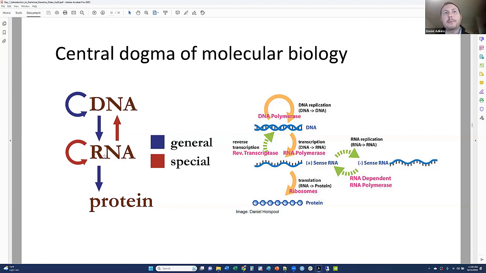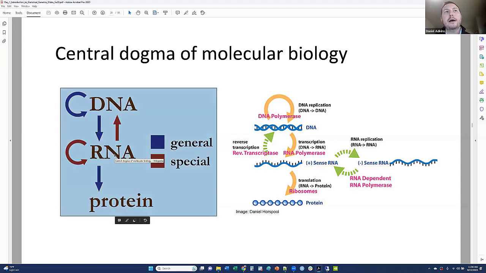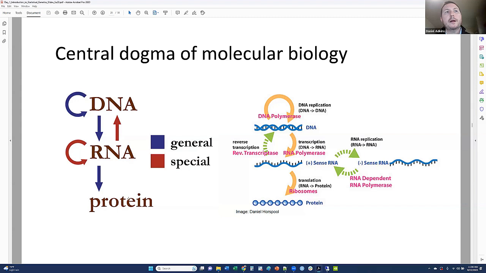It creates messenger RNA, which essentially serves as instructions for creating proteins. That messenger RNA then migrates out of the nucleus to ribosomes, where it serves as instructions to synthesize proteins. So in blue here we see the primary flow of information.